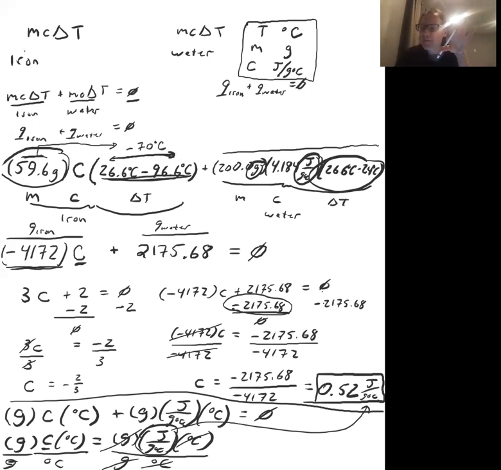A point about specific heat capacity when you do these problems, just so you can kind of check your answer, evaluate your answer.